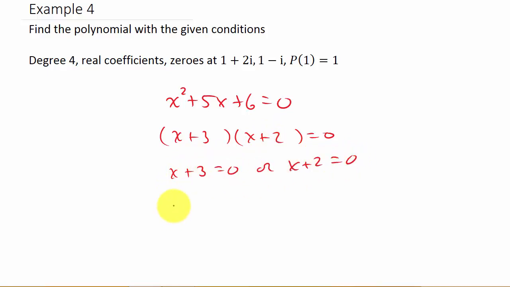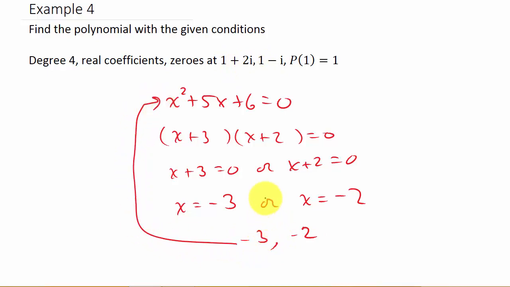You should know how to do this at this point in math. So we get solutions of -3 and -2. That's what they give us, the solutions, and we're working our way back to the polynomial, going back through each of these steps.